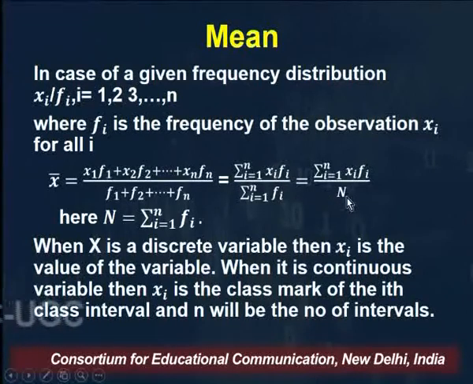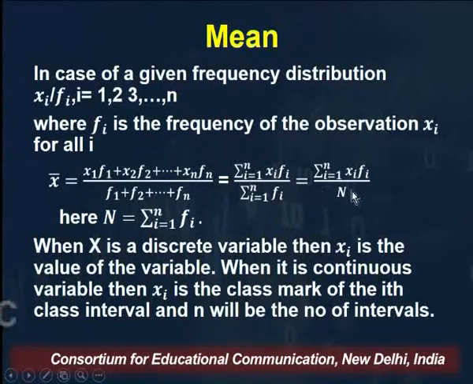Therefore x bar is equal to the summation of xi fi upon capital N. There is a difference between capital N and small n, and you must have realized by now what the difference is.